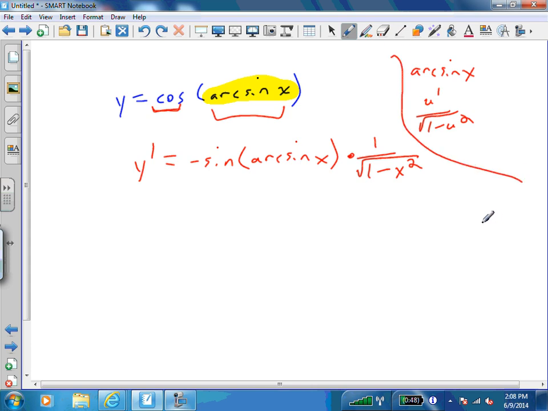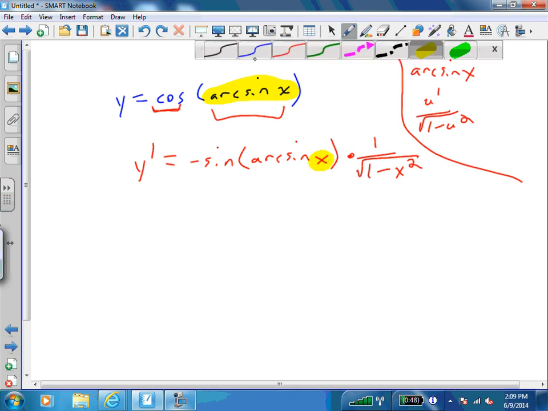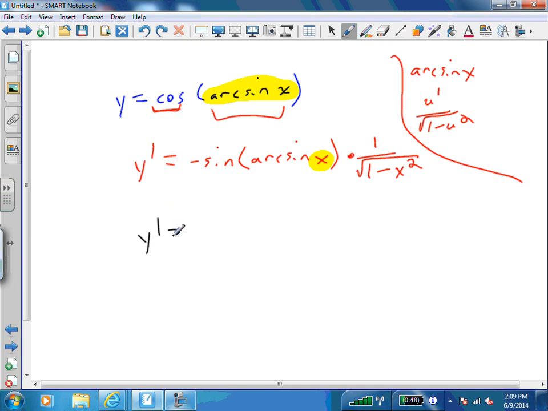Now notice, how are these two functions related? They're inverses of each other. When we take the composition of inverse functions, what happens? They cancel each other out. So when those cancel, we're just left with that. So we have our minus.